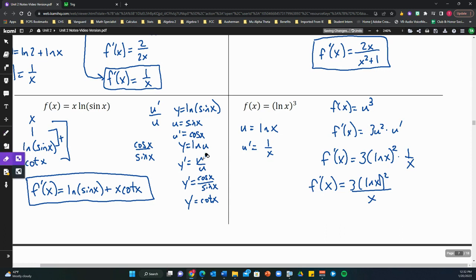Now, I'm sure some of you are wondering about this power of the natural log. It's easy to get mixed up with this. One of the properties of logarithms is if I have a logarithm of some argument and it's raised to a power, then the power of the argument can be moved down to become a coefficient. So this would become m times the natural log of u.